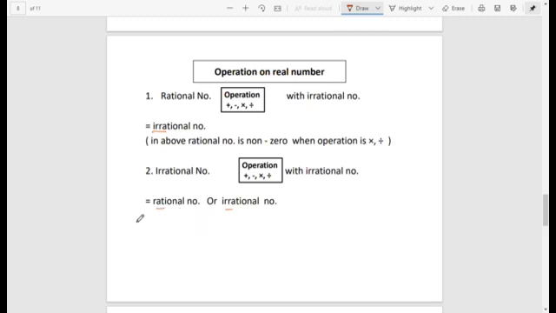So let us understand it with the help of example. So suppose there is a rational number 3 plus another irrational number root 2. So here we can get 3 plus root 2.